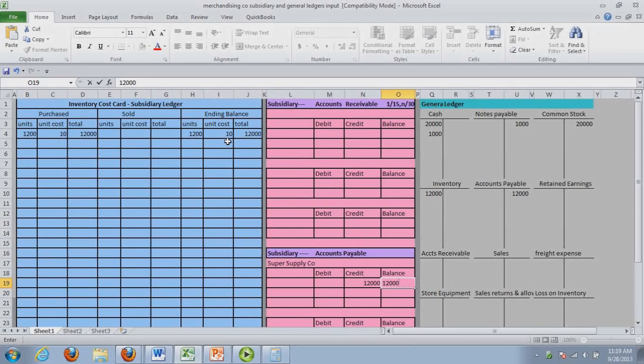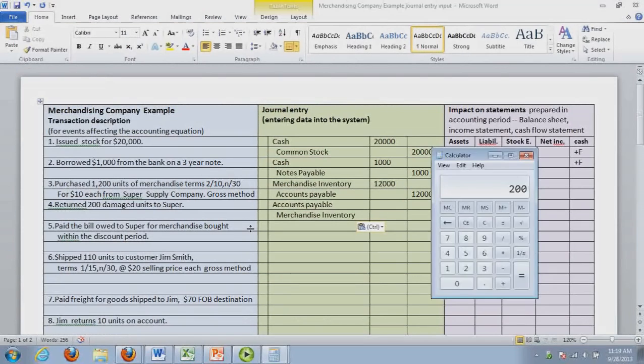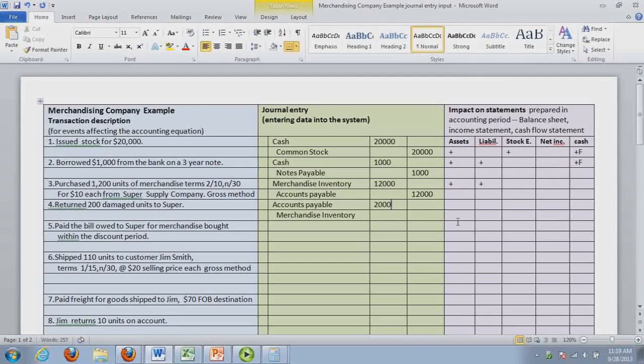We haven't had too many transactions, so $10 a unit is what we want to pick up for 200 units, and you can probably do that okay, but let's do it. 200 times 10 is 2,000. So we're going to reduce what we owe and have less inventory. So this should do just the opposite to your statements, and no impact on the rest of it. Okay, then I'm back to the subsidiary ledger.